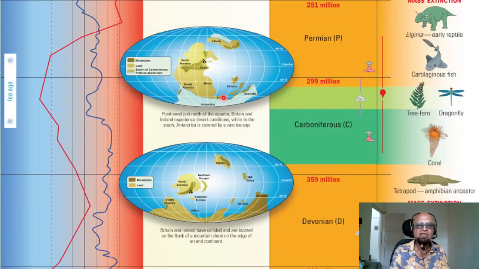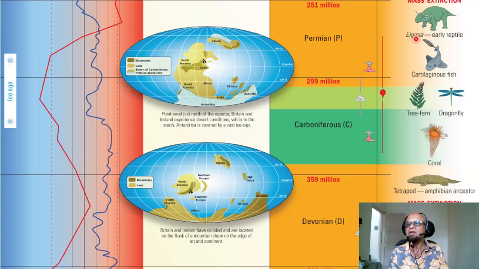And then you have continents moving around, temperatures changing, sea level going up and down, periods changing with some mass extinctions happening. There are jawless fish and early land plants. Remember, photosynthesis took off. And then you had amphibian ancestors, the corals, the dragonflies, the tree ferns, and the cartilaginous fish.